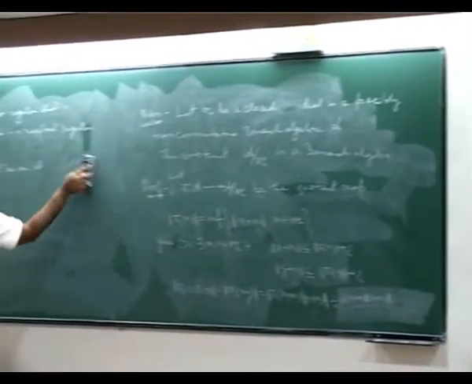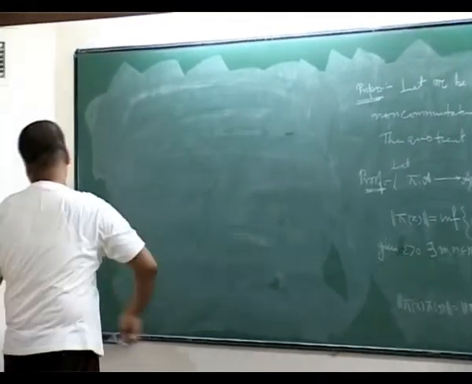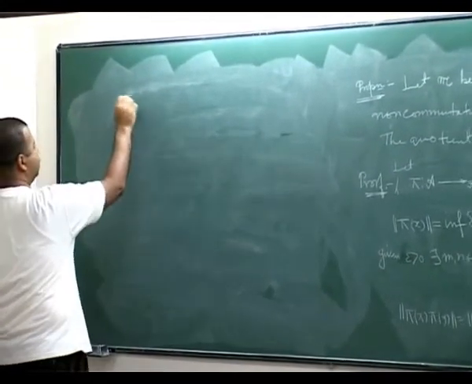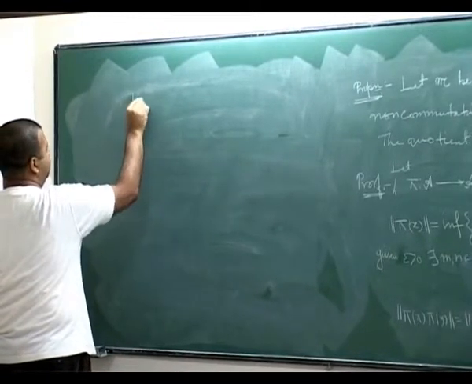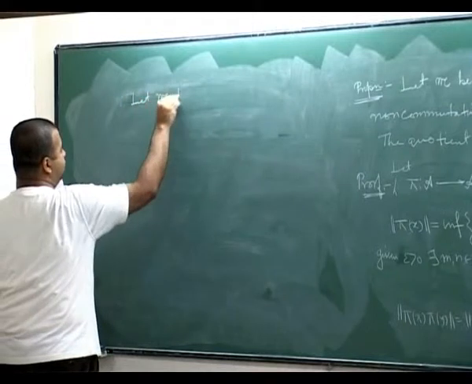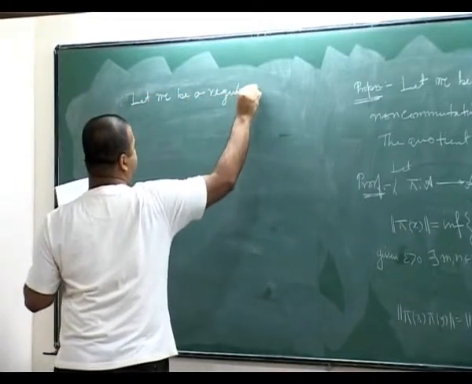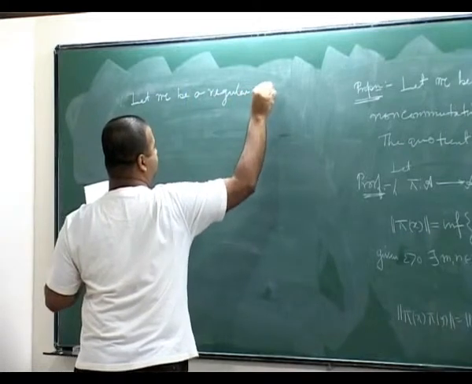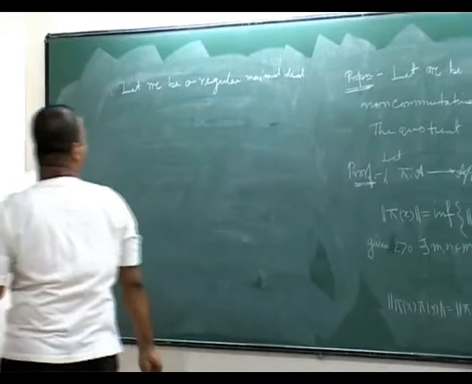So you use this fact that if something is a maximal ideal, then in the quotient everything is invertible. So let M be a regular maximal ideal.